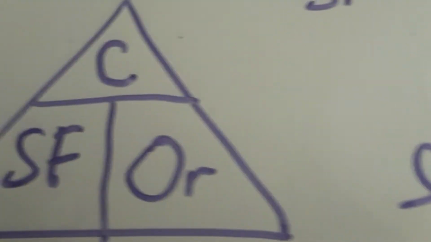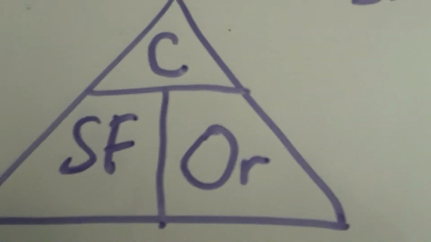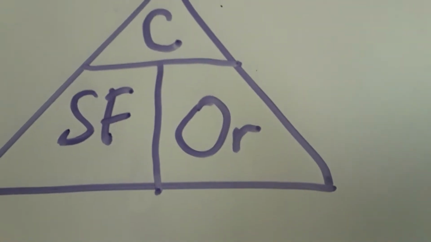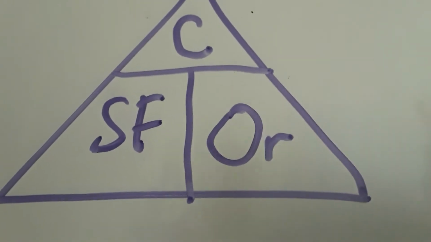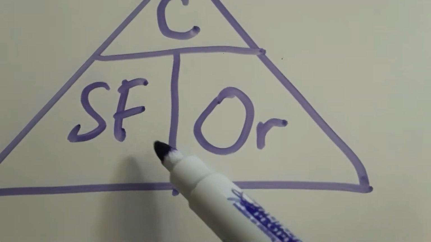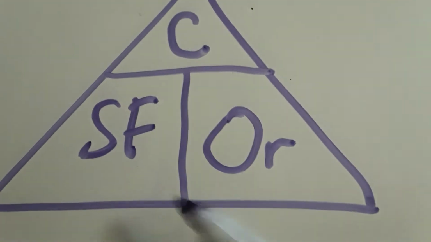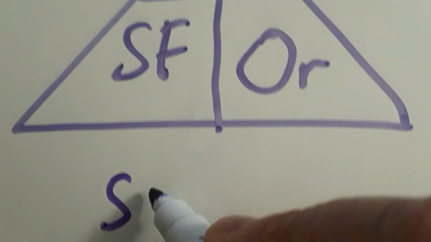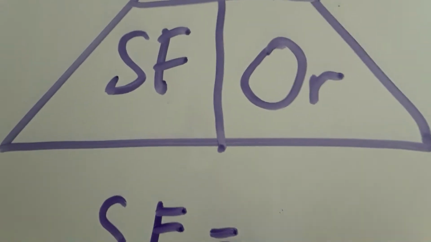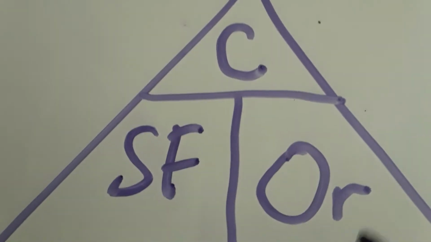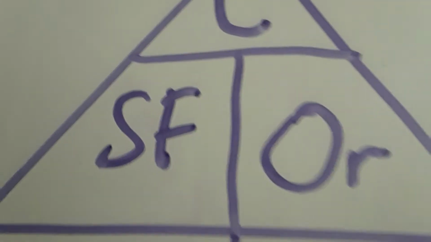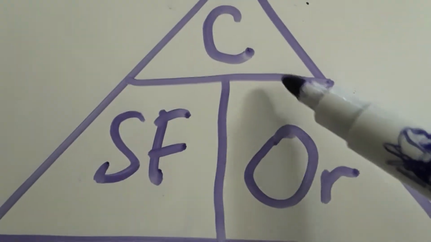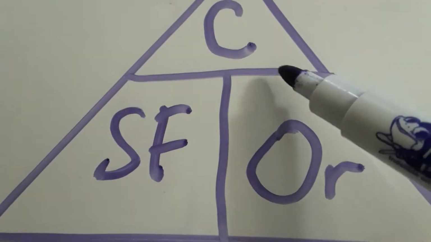But let me explain what this triangle does. So the idea is this. You take a look at scale factor. You see it's right here on the left hand side of the triangle. So what they're trying to show you here, and some people see it, some people don't, is that scale factor is equal to the copy C, and then this line here represents a division sign.